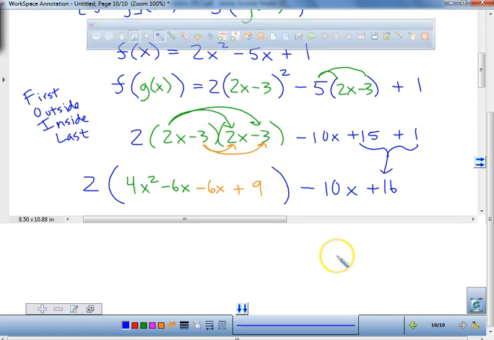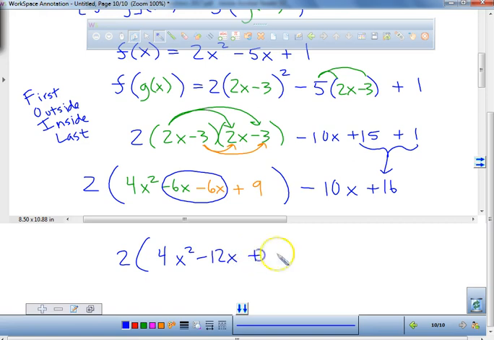So in all seriousness, what we need to do is simplify this. What's the only thing that can be combined inside of these parentheses? Minus 12x plus 9. Minus 10x plus 16. Now, listen up, everybody. You have to use the order of operations within this. Notice what have I not done yet?